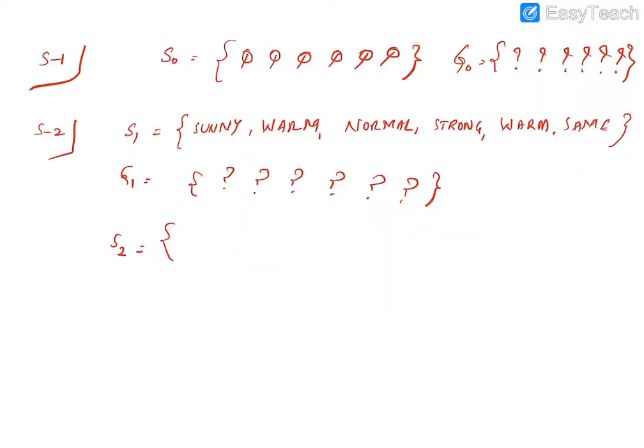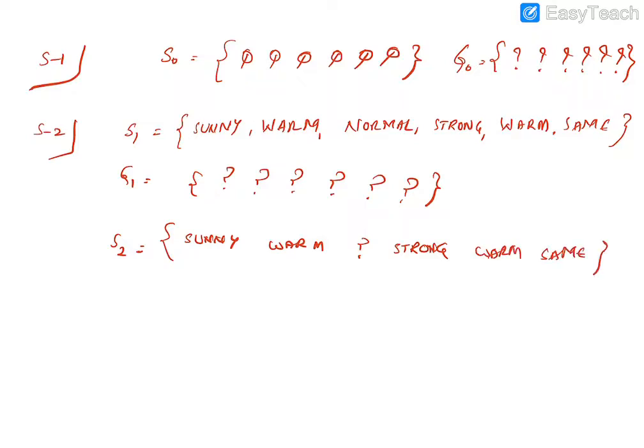Whenever we have a different value, we need to replace it with a general value. Why? Because it is also positive. If it is positive, specific to general. Then strong, warm, same. The remaining are the same.